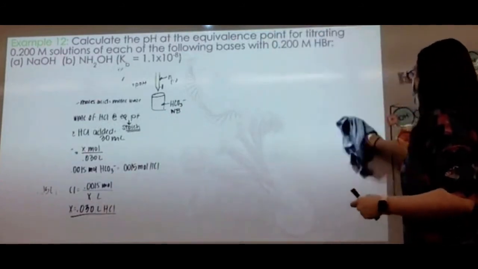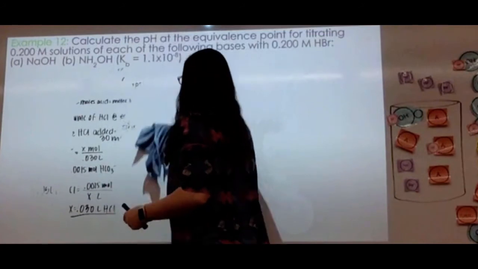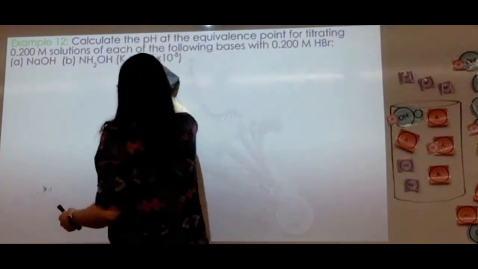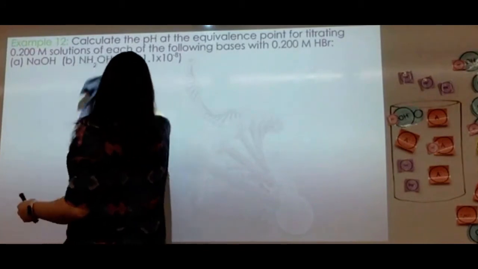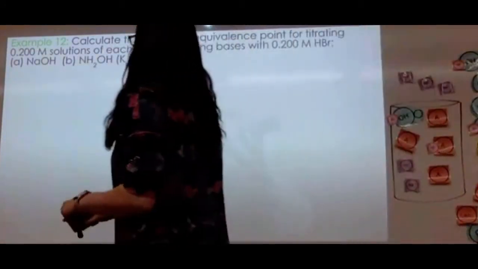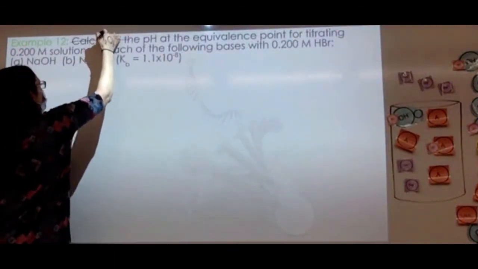So we're thinking about what type of titrations we're working with here, because what is in the container will change the pH at the equivalence point. So again, here we're just going to estimate the pH.